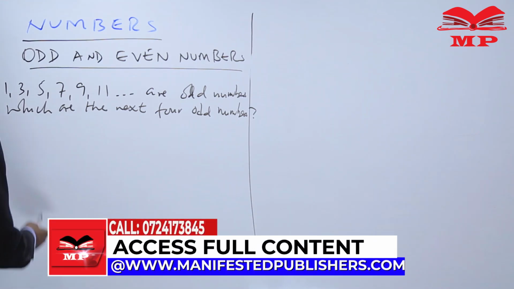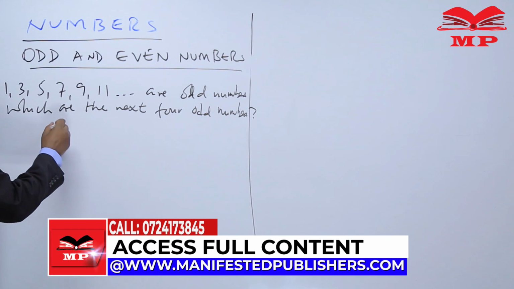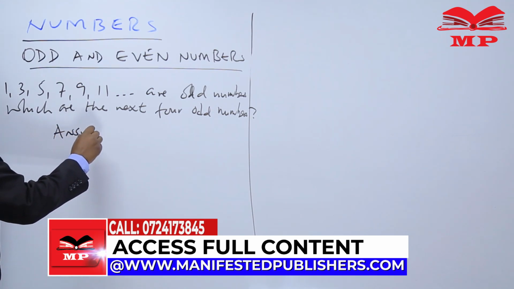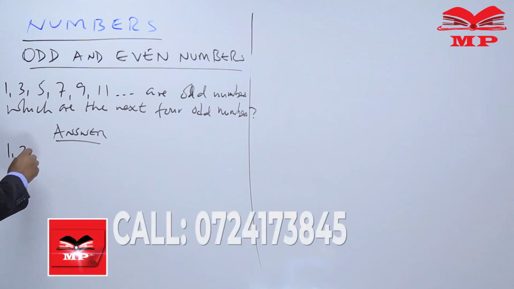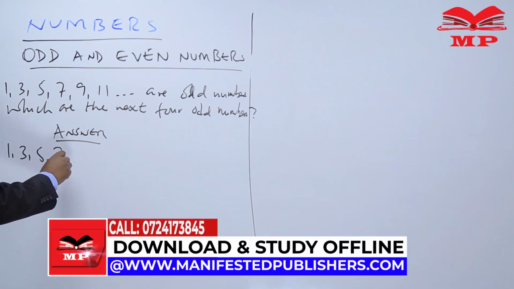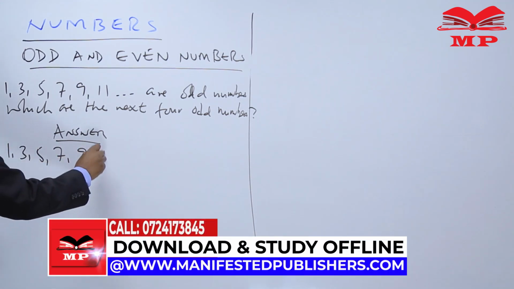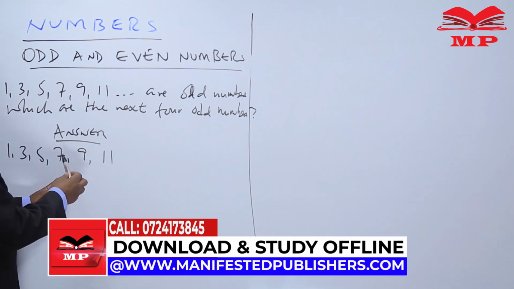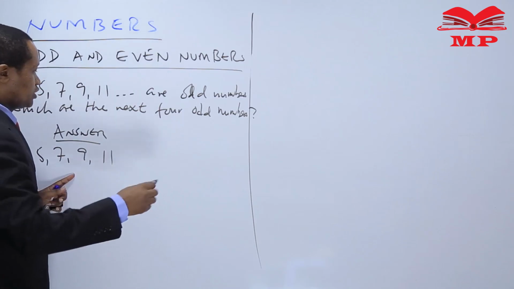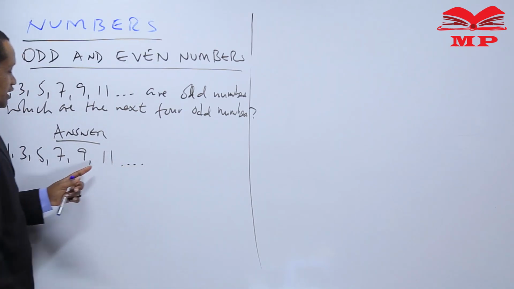So we've been given these numbers, so we can have the answer here. Answer: we've been given numbers 1, 3, 5, 7, 9, 11. These are odd numbers. So the question is, which are the next 4 odd numbers after 11?